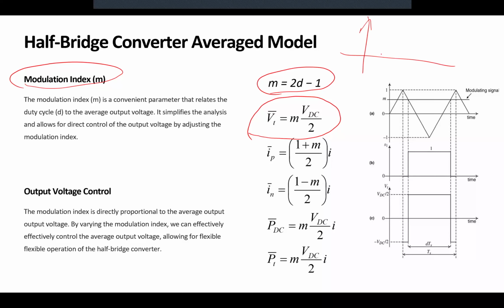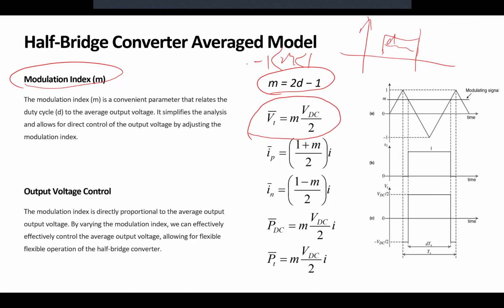D was the on part of S1. Correct? That was D. So what is the margin of D? It could be 0 top to 1. Correct? So the 0 would give us -1. The 1 would give us 1. So the M could vary between -1 and 1.